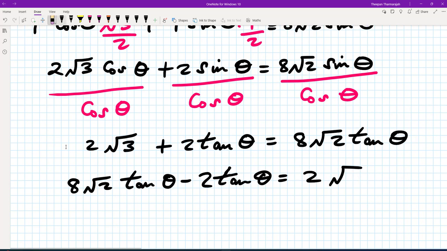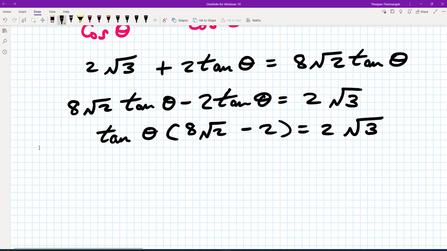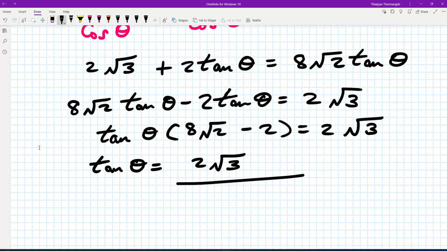Now we can factorize tan theta out to give me tan theta times (8 root 2 minus 2) is equal to 2 root 3. So making tan theta the subject of that equation, tan theta is 2 root 3 all divided by 8 root 2 minus 2. Now we can arctan that.